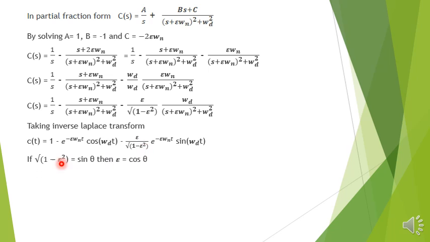That is, if root of 1 minus zeta square, that is the denominator term, is equal to sin theta, then zeta equal to cos theta, because sin square theta plus cos square theta is equal to 1. Right? So we will get this.